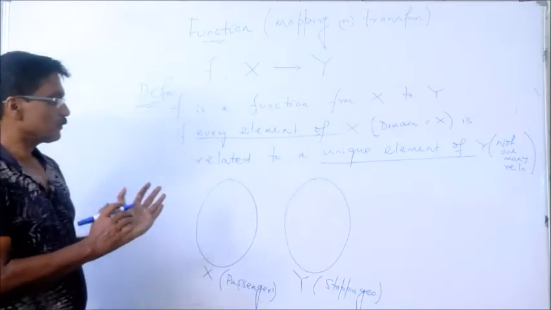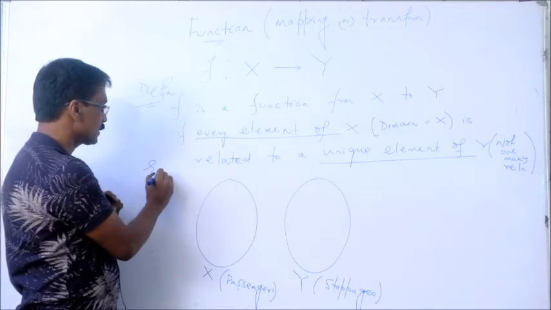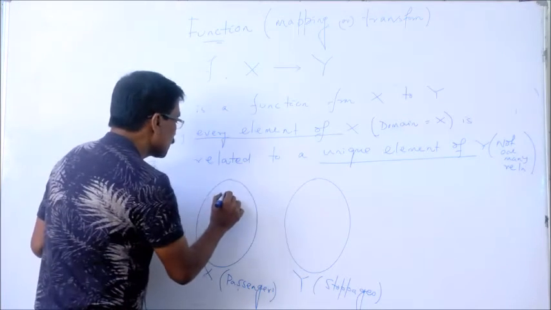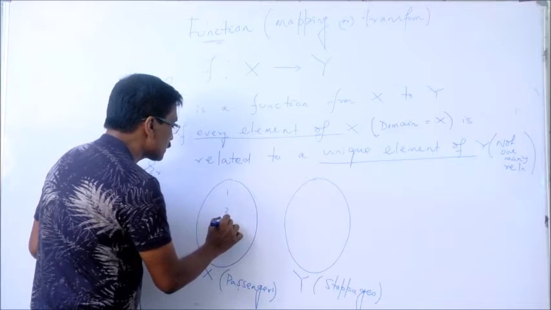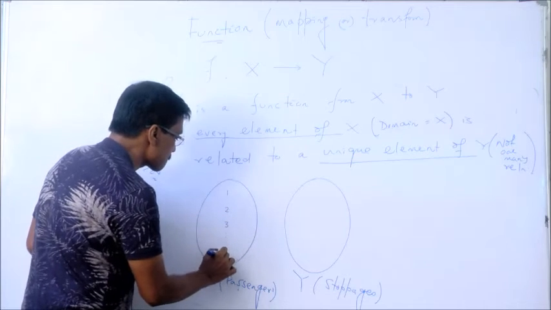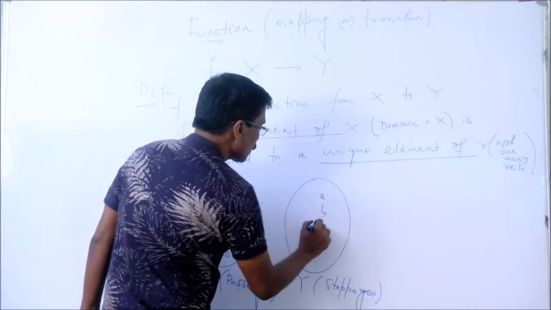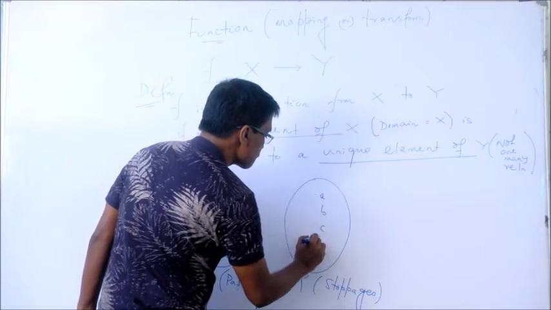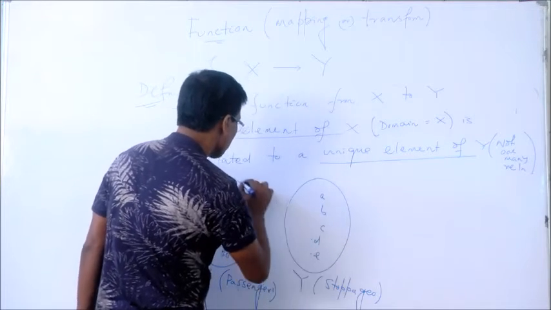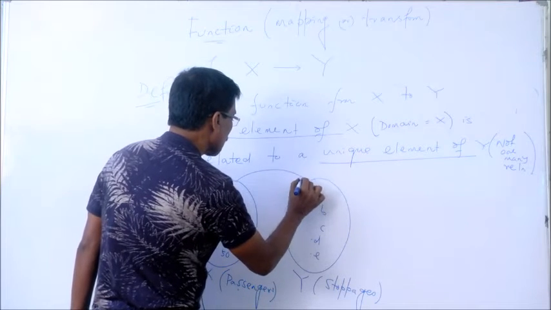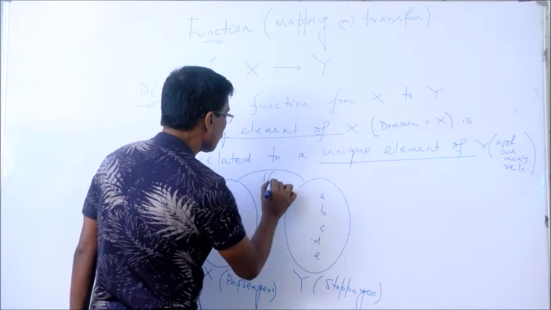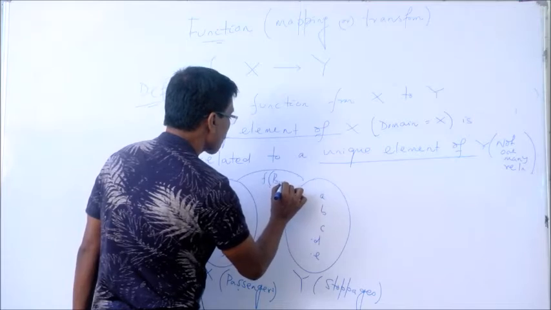Suppose there are 50 passengers and say there are 5 stoppages. If that is a vehicle, say bus.